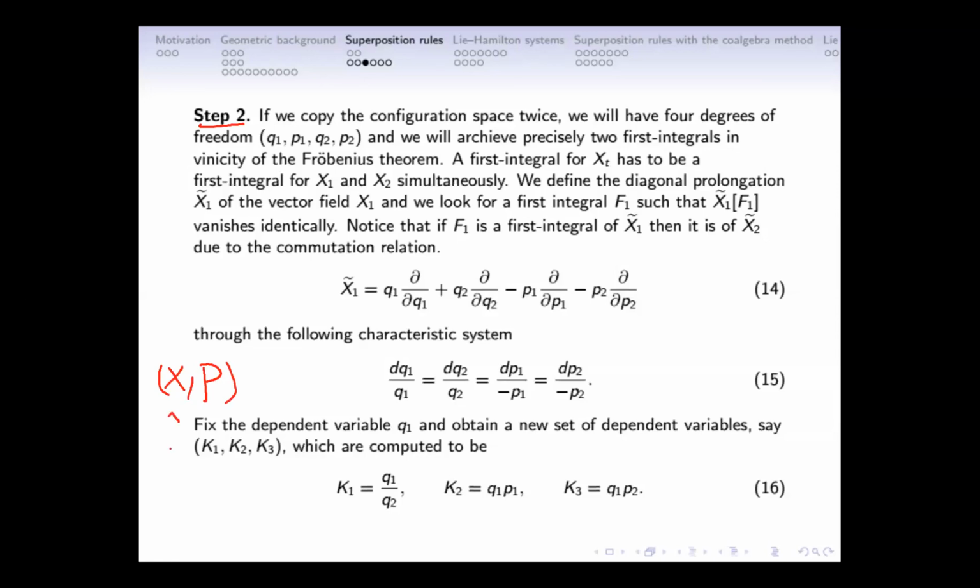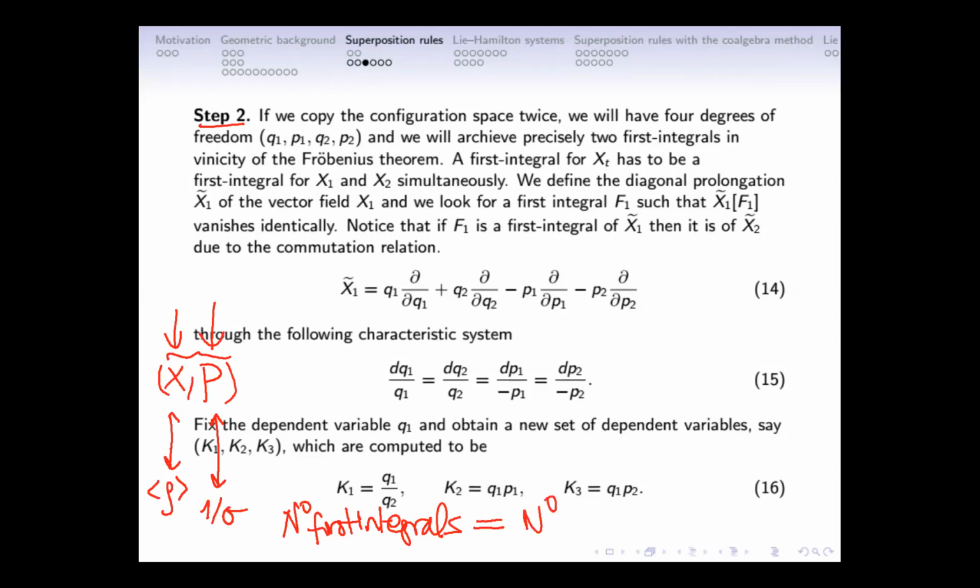If you remember, the x comes from rho, and the p came from the inverse of sigma. Okay, I have 2 dimensions, but I have a 2-dimensional Lie algebra. And how many first integrals do I need to solve this? I need 2, one for x and one for p. So the number of first integrals that I need has to be the number of degrees of freedom copied minus the dimension of the Lie algebra, which is 2, and we have 2 here.